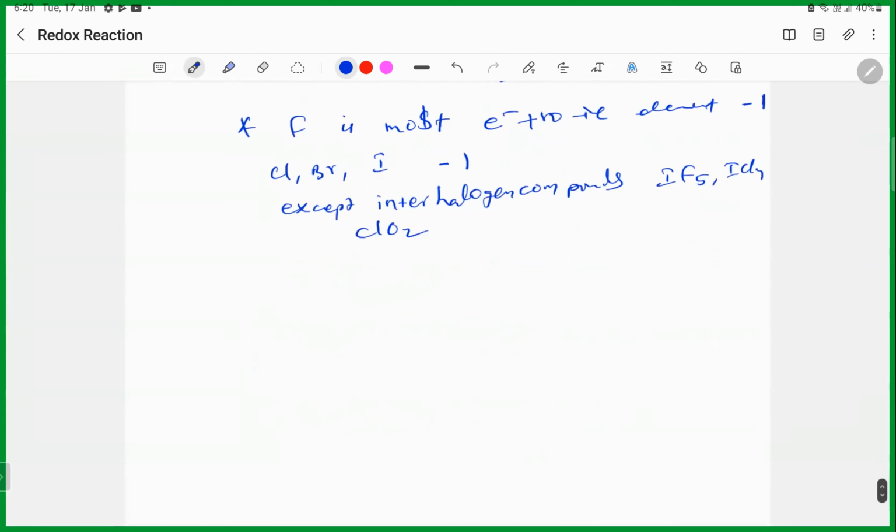And then for sulfur, in sulfide, the oxidation number of sulfur is -2.